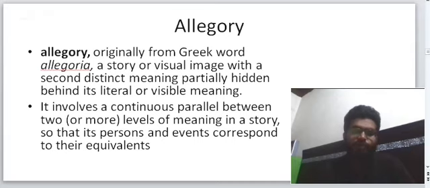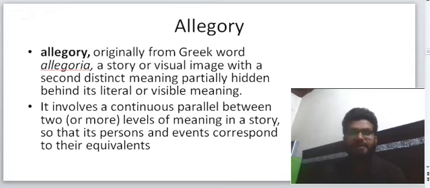Now, why does a writer use allegory? This question can be answered in multiple ways. Sometimes, in order to make the reading process challenging for the reader, he wants the reader to use his comprehension skills to unravel the text, to interpret it and find the implied hidden meanings.